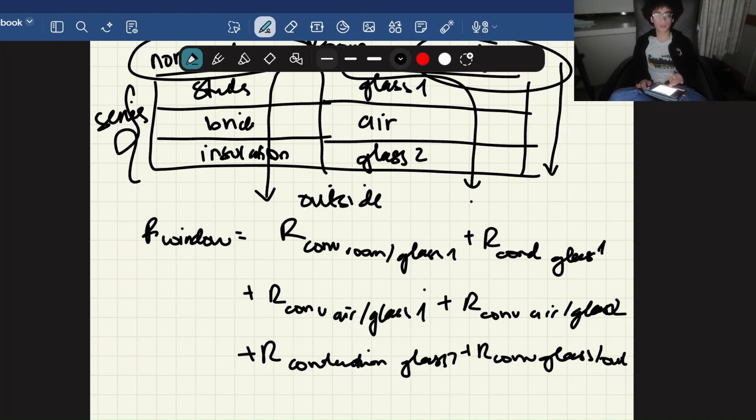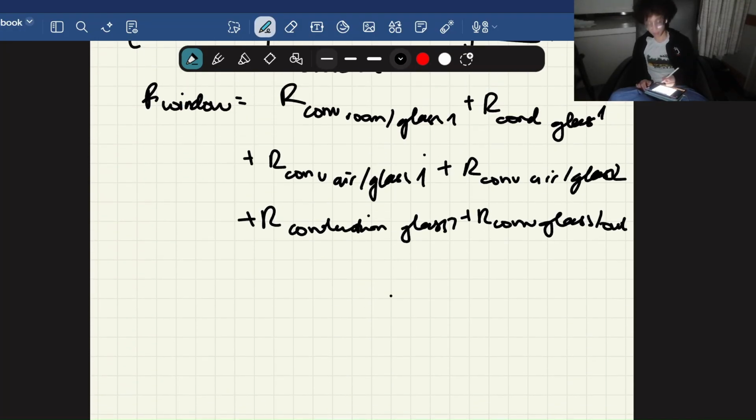And now we're going to do the same for the non-window side. So we have the resistance of the non-window. I'm so sorry, my Apple Pencil is acting up, so sometimes I'm going to have to interrupt.